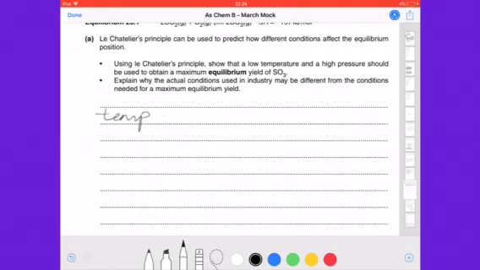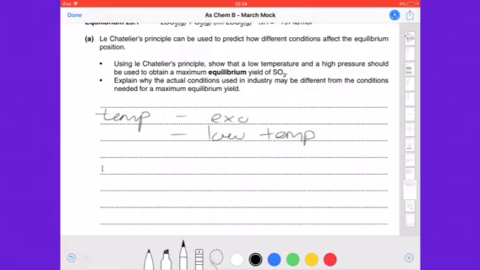For temperature, we need to know that the reaction is exothermic, and therefore, as you change the temperature of the reaction, equilibrium will shift to oppose the change. In this case, to maximise the yield, we'd want to use a low temperature, because that forces equilibrium to the right to maximise the yield.